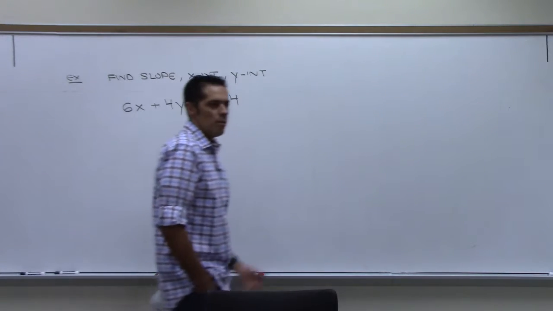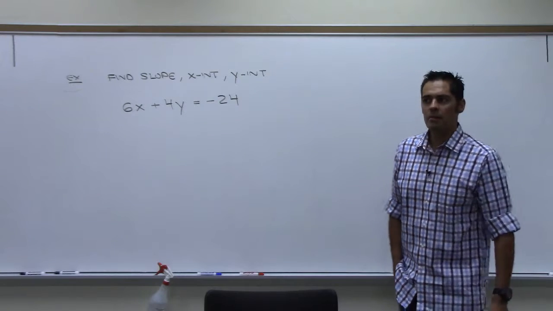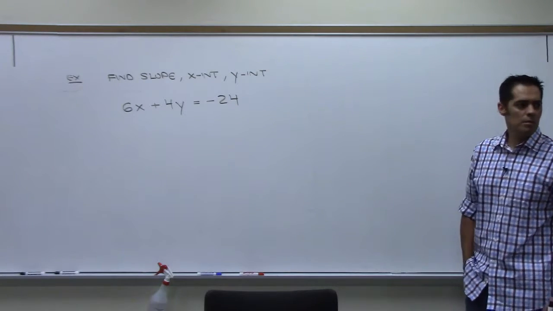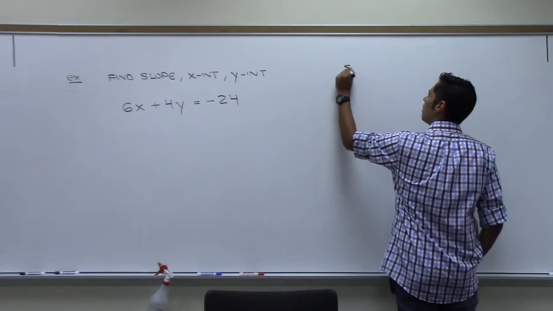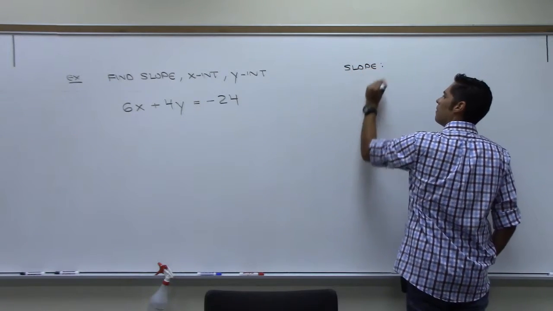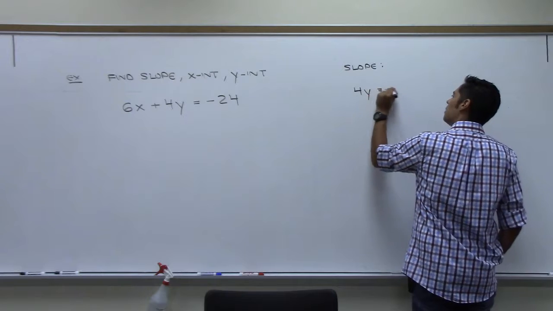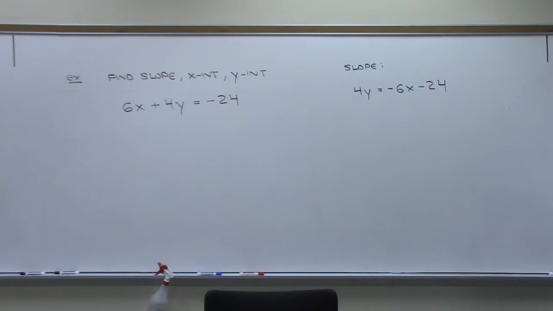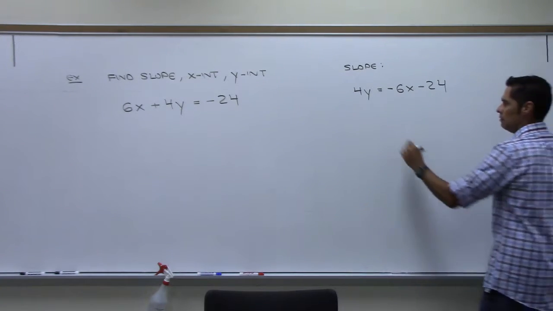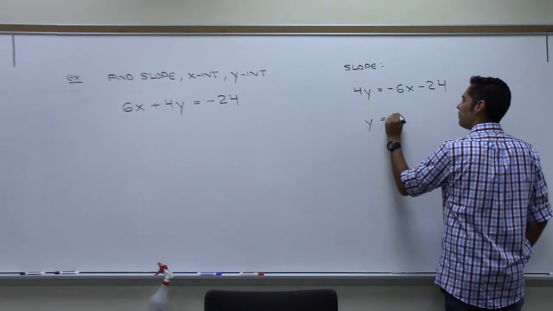Well, if we're going to find the slope, we've already done that, right? You solve for y. Get it to look like y equals mx plus b. So I'll do that pretty quickly. So y equals negative 6x minus 24. So what did I do there? Just move that 6x over to the right, change signs. What next? Divide by 4?